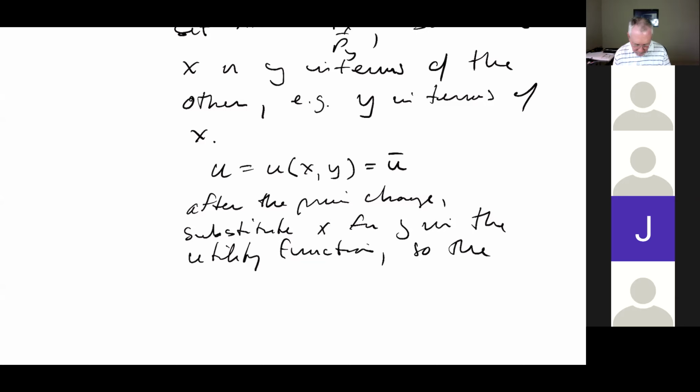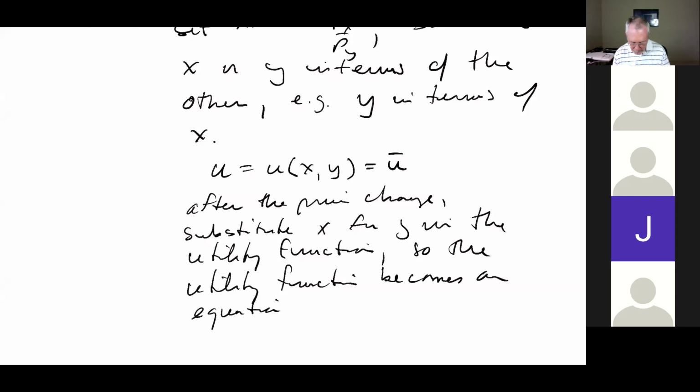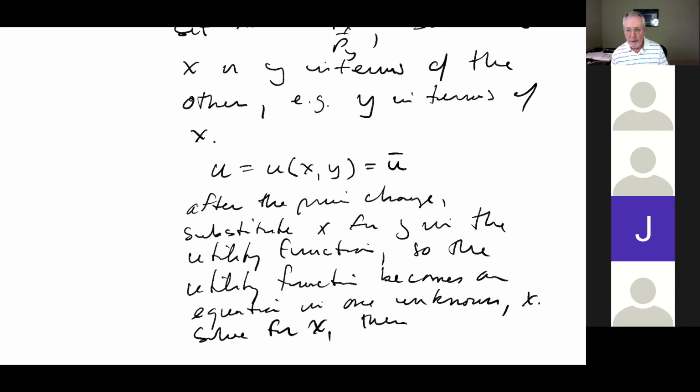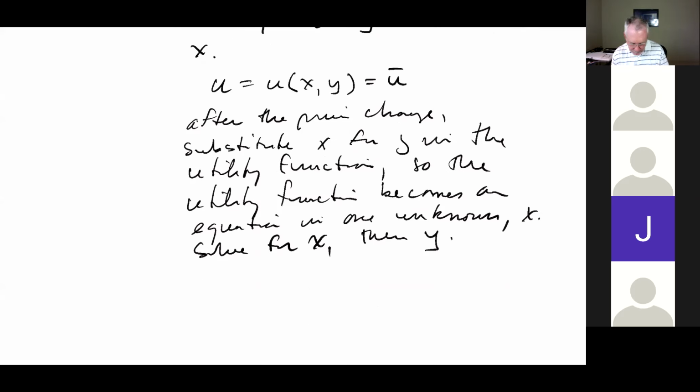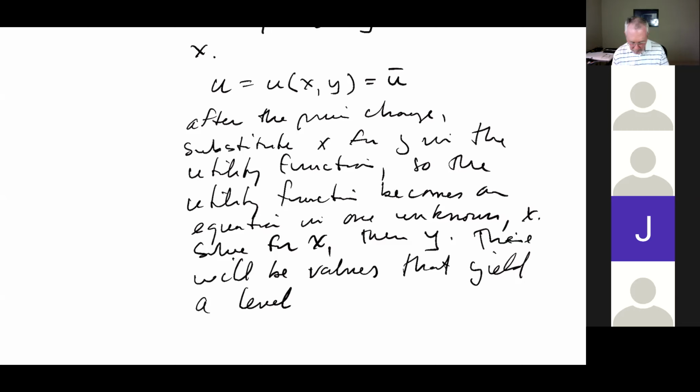So the utility function becomes an equation in one unknown, in this case X. So I solve for X. Then I can use Y in terms of X to get Y. And these will be values that yield a level of utility of U bar at P prime and Py.